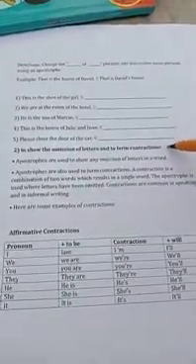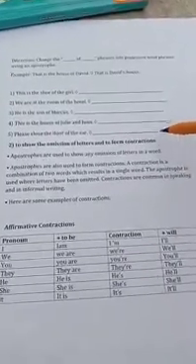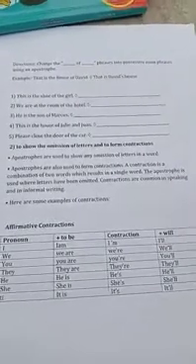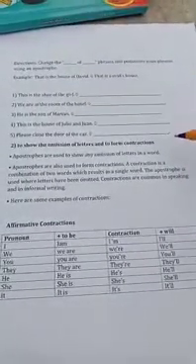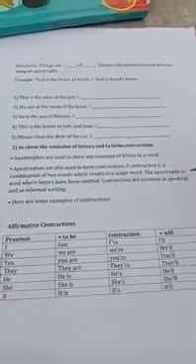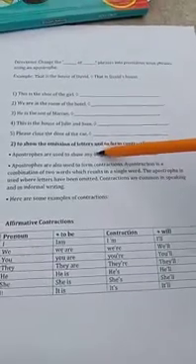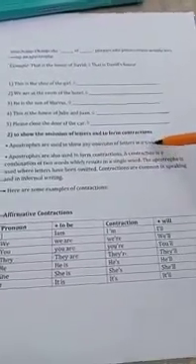Next one, to show the omission of letters and to form contractions. Contractions we mostly use with auxiliary verbs, that means will, have, would, shall, should, can, could. All these we use in contraction forms. First, apostrophes are used to show any omission of letters in a word.